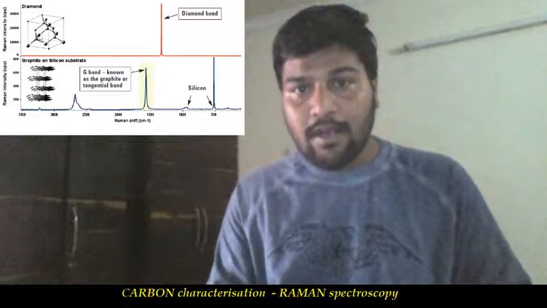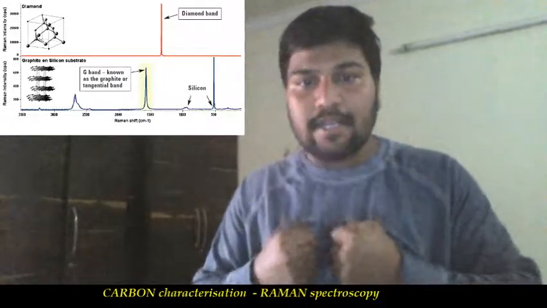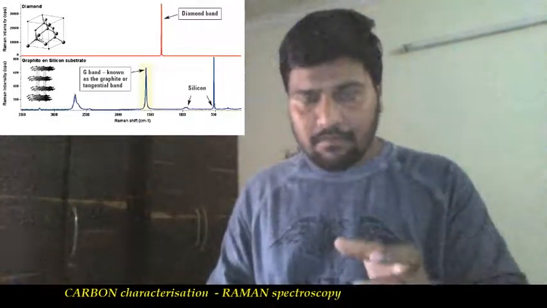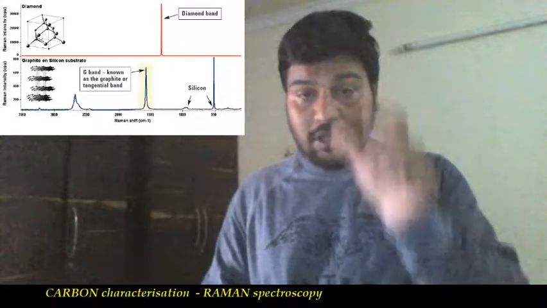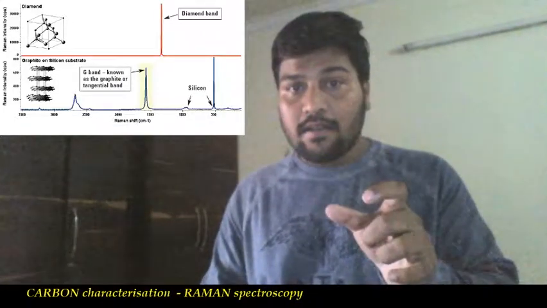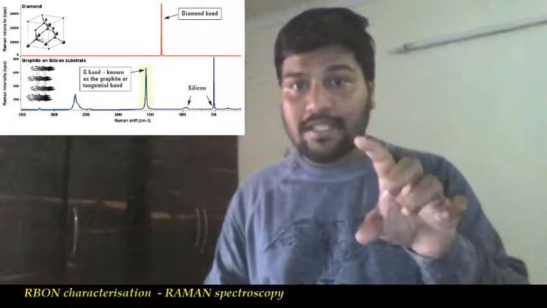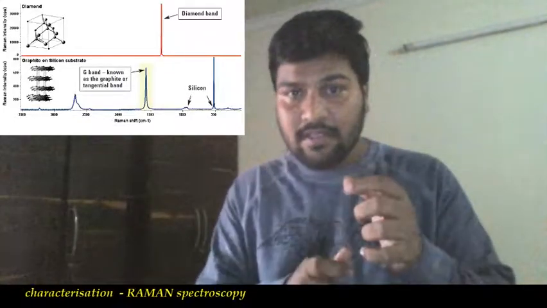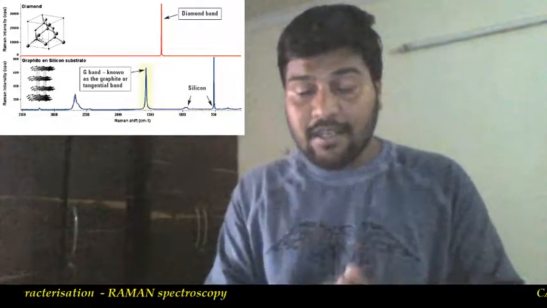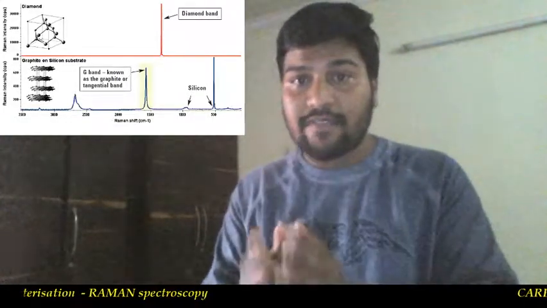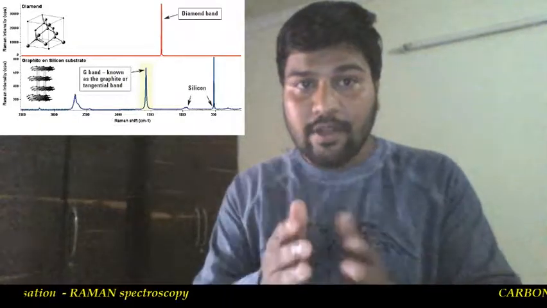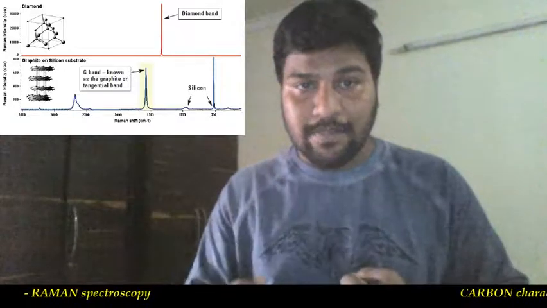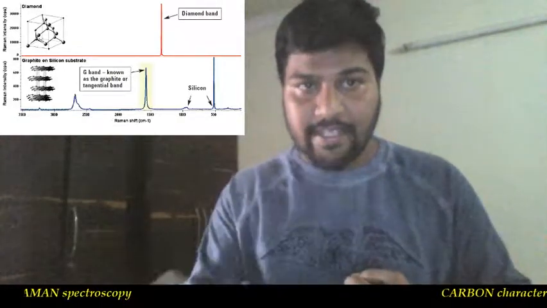The sp2 bond is stronger in nature. Just like a spring-mass system, the stiffness or bond strength is varying. Now in this second scenario, the bond strength varies, just like sp2 and sp3, graphite and diamond. As the bond strength varies, the vibrational mode or vibration frequency of the given system varies. You can see that the bond strength of sp2 is greater than that of sp3, which is the case in diamond.